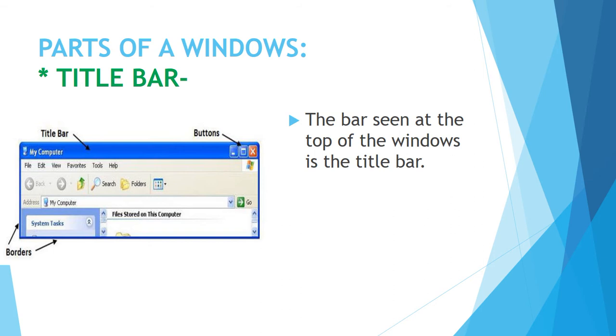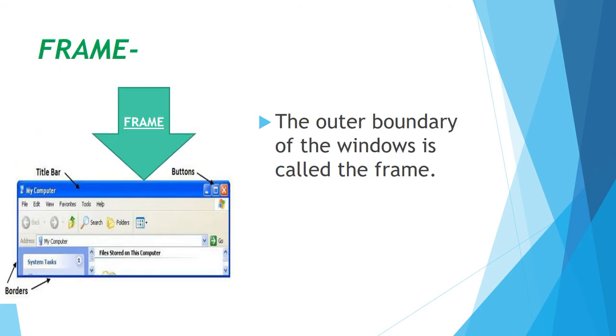It displays the name of the folder. Next, frame. The outer boundary of the window is called the frame. We can use the mouse to drag the frame and change its size.